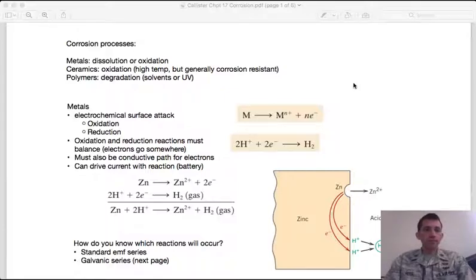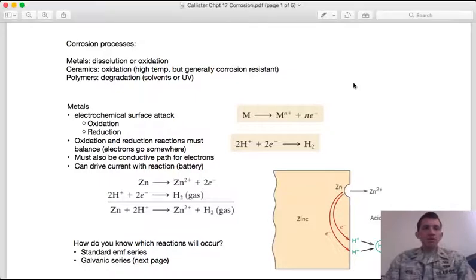Okay, so when we say corrosion, what we're talking about, especially for metals, is a chemical reaction that results in either the dissolution, so the removal of metal atoms from the surface, or oxidation, where that metal atom is oxidized and forms an insoluble compound, oftentimes with oxygen on the surface there.